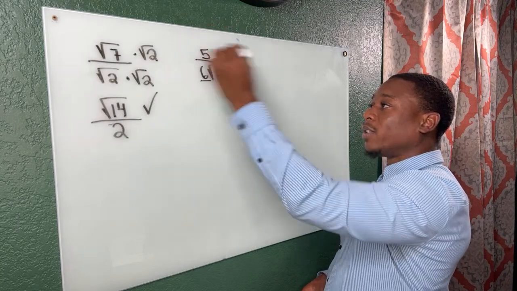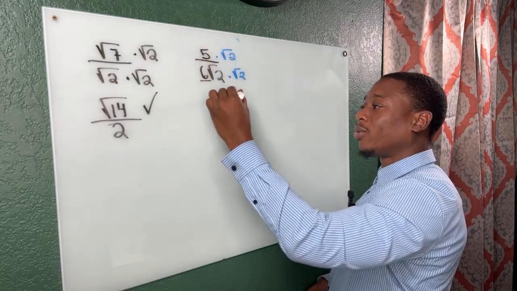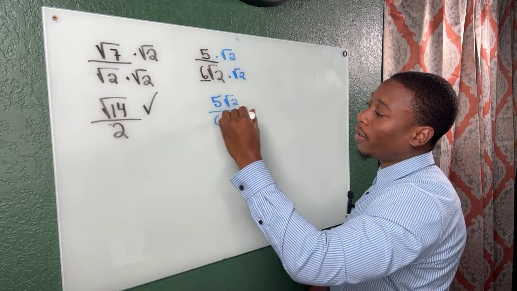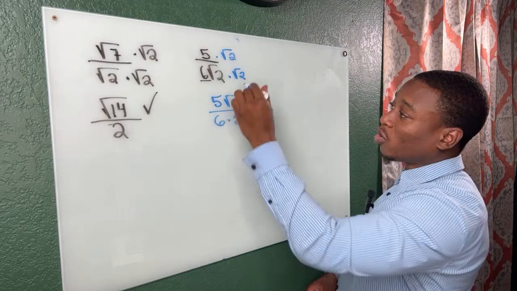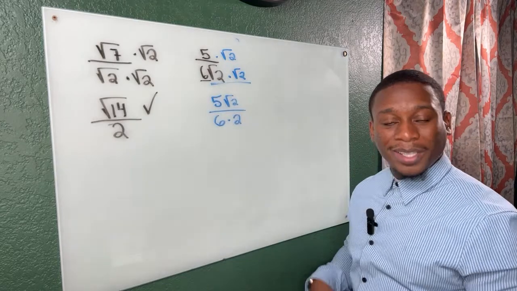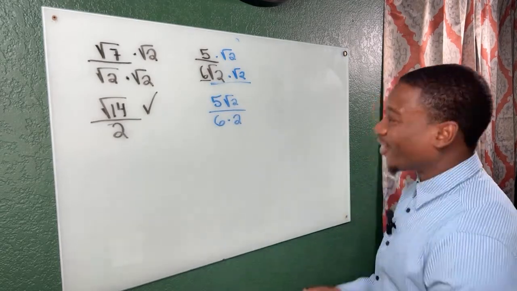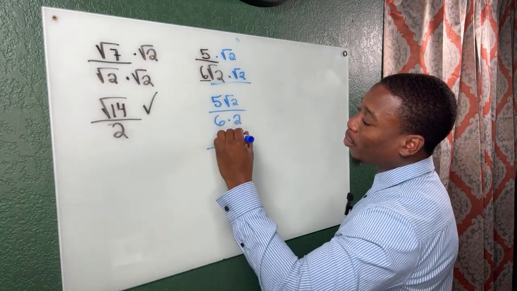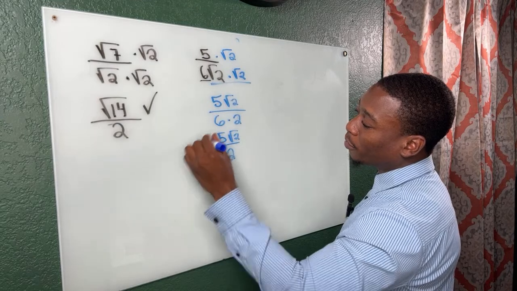So what happens is in the top, this turns into 5 radical 2 divided by 6 multiplied by 2. Because once we multiply radical 2 and radical 2, it's just itself without the radical. So my final answer is 5 radical 2 divided by 12.